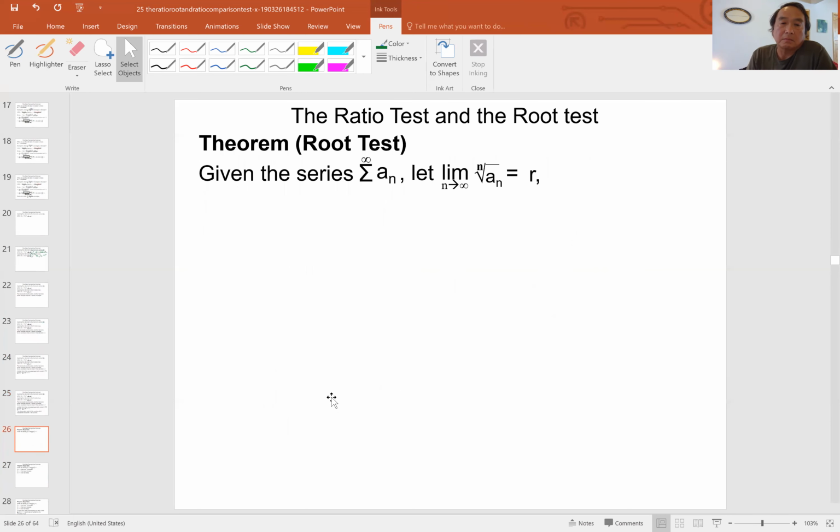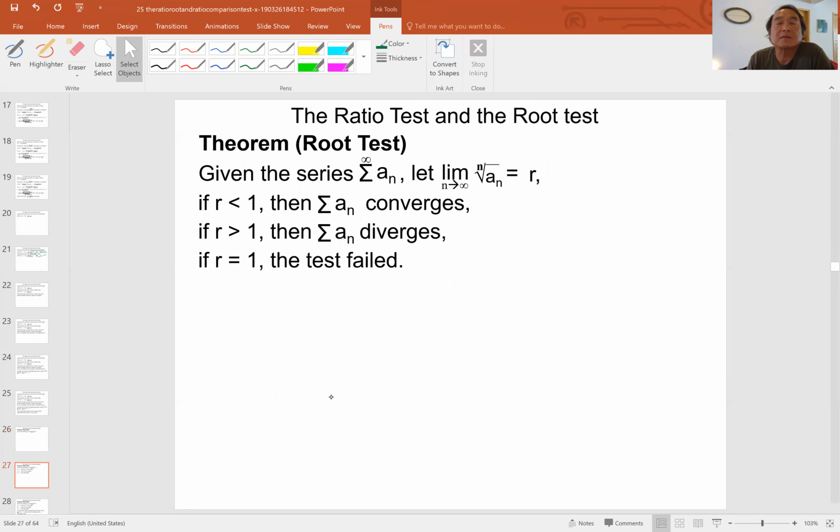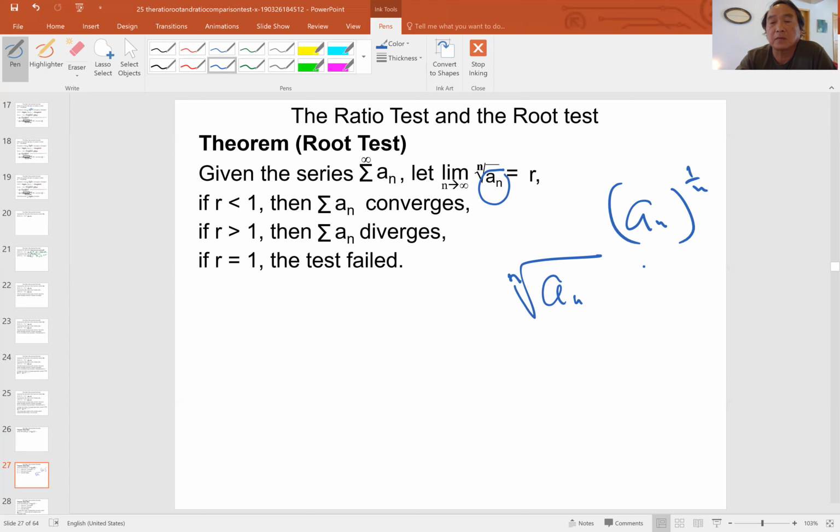This gives us the root test, basically very similar to the ratio test, except here you take roots of the terms. Notice there's no ratio of two terms. You just take the nth roots of the nth terms, a_n to the 1 over n, whichever way you want to write it.